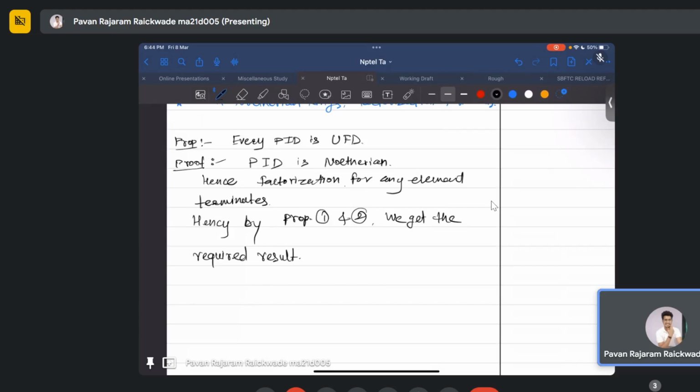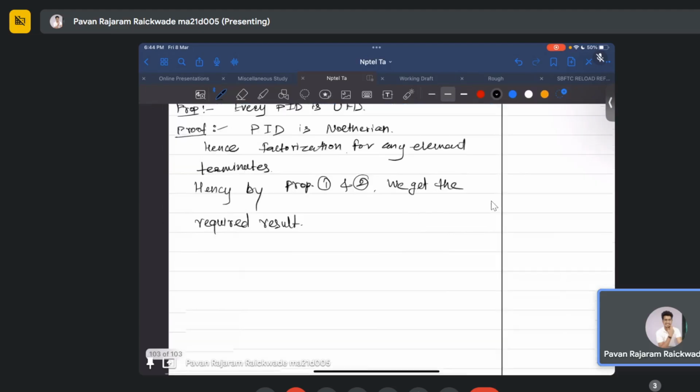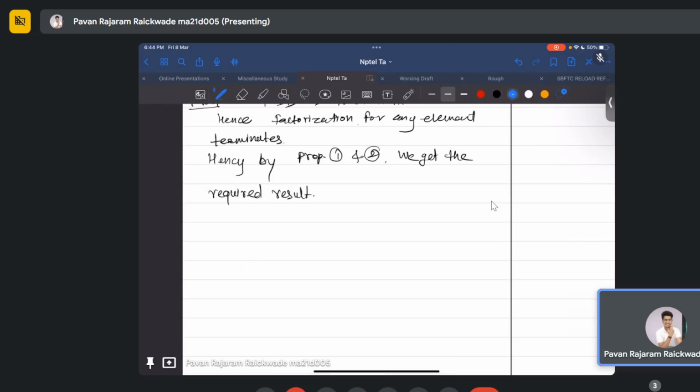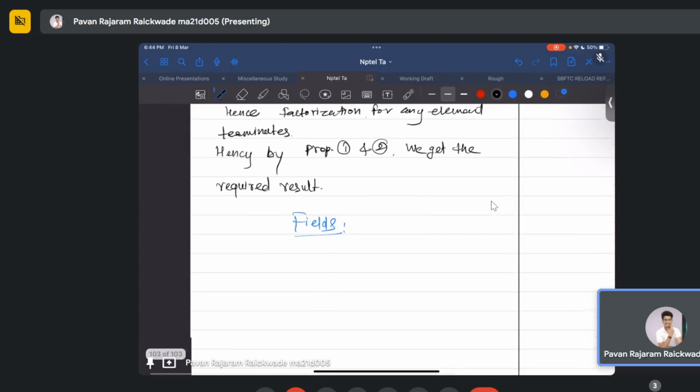Okay, so I will start some field theory. So what is a field? By definition it has to be an integral domain such that every non-zero element has an inverse.